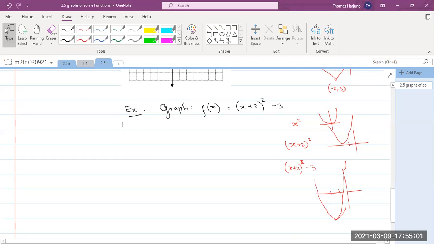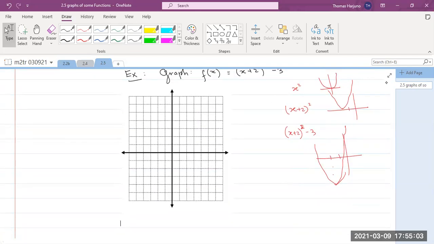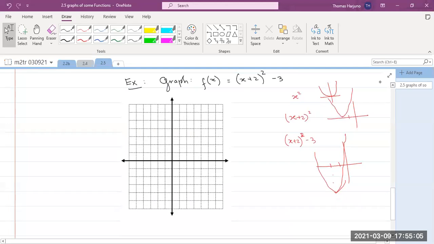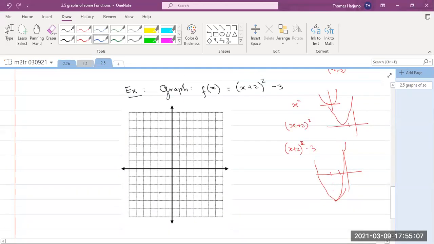Now let's do more detail. The vertex is now negative 2, negative 3. Then you remember from the graph of x squared, we have this pattern. From the vertex, 1 unit to the left, right, we go up 1. From the vertex, 2 units to the left, right, we go up 4.